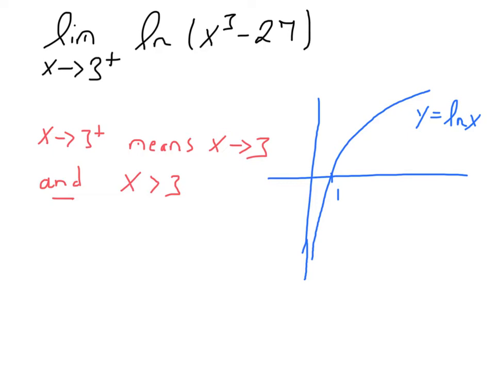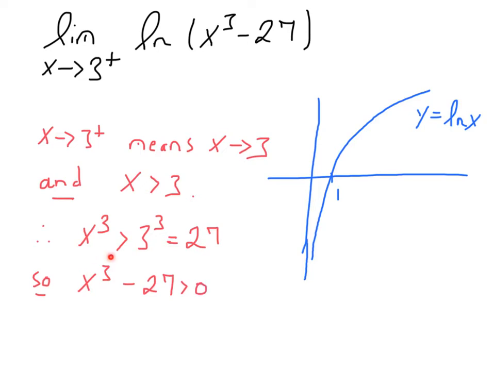Well, if x is bigger than 3, then we can say that the cube of x is bigger than the cube of 3, which is to say x cubed is bigger than 27. And if x cubed is bigger than 27, then if I subtract 27 from x cubed, I get a number bigger than 0. Just subtract 27 from both sides of this inequality up here, and you'll see that.